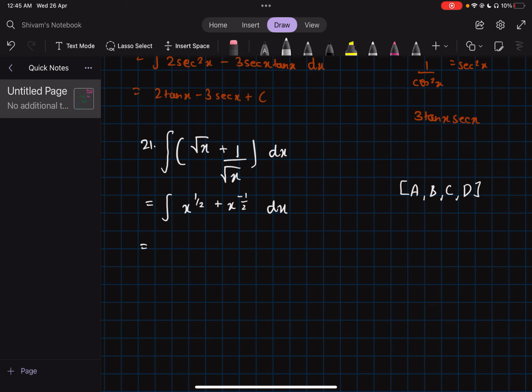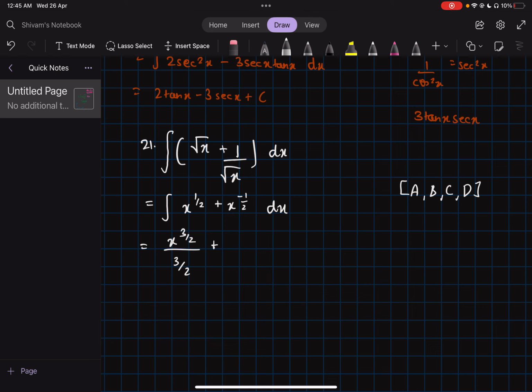Okay, right, we're going to use the power rule again. So add 1 to the power, divide by the new power. And then do that again with this.